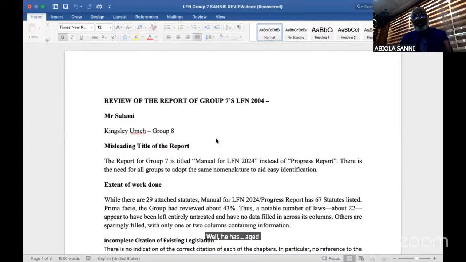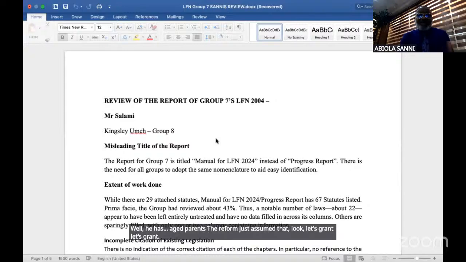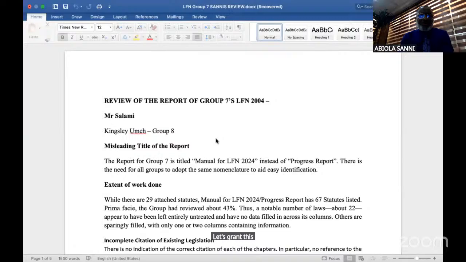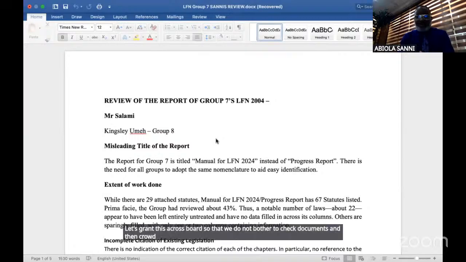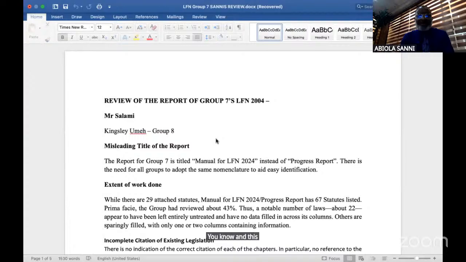So the reform just assumed that, look, let's grant this across the board so that we do not bother to check documents and crowd the tax administration space. And this has been a big relief for all the documentation that was time consuming.